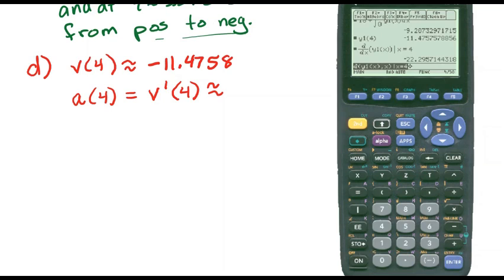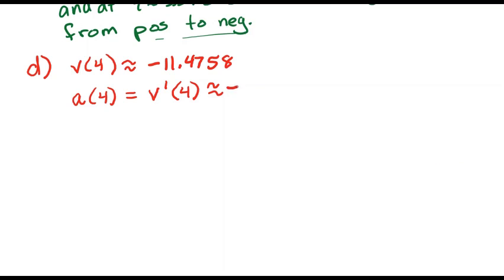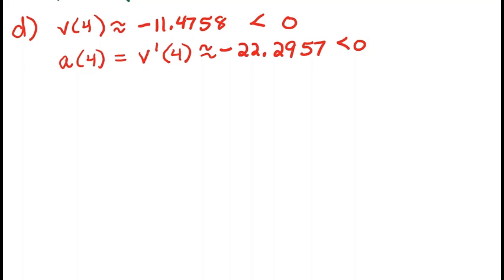And we have our negative values, so they're both negative. I'm going to transfer that number onto my paper here. Negative 22.296 or 57, however many decimal places you want. And then I might add here that, kind of obvious, they're both less than 0. Since velocity and acceleration both have the same sign, we have our conclusion.